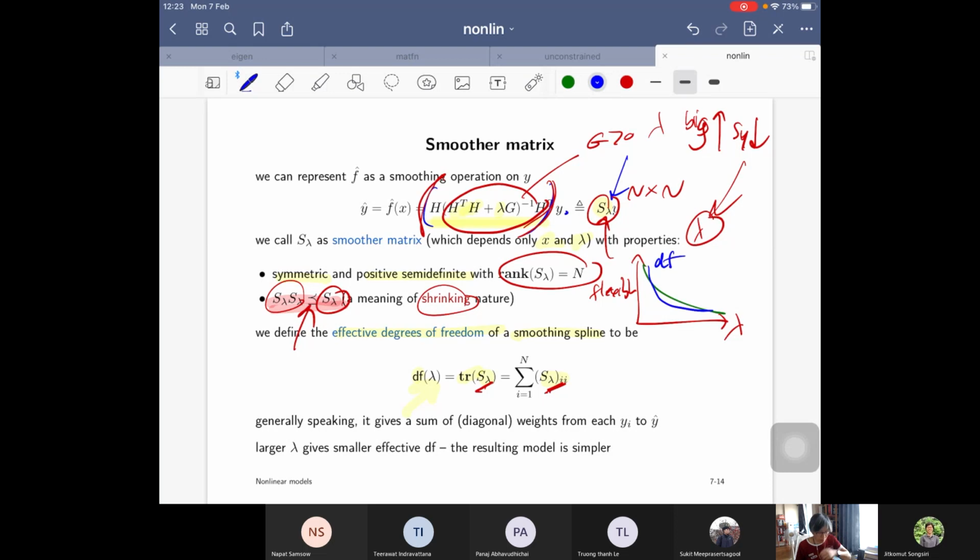The reason we associate S or lambda with the degree of freedom is this relationship: y hat is S lambda times y.